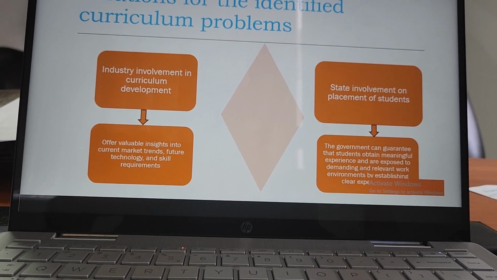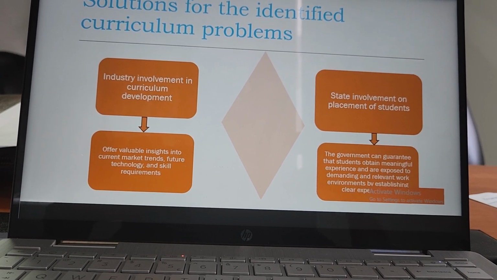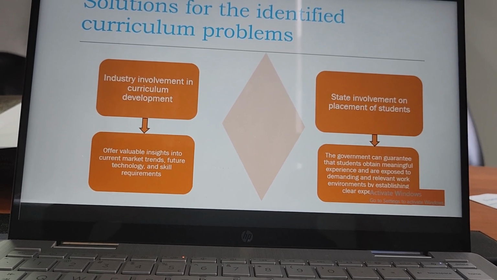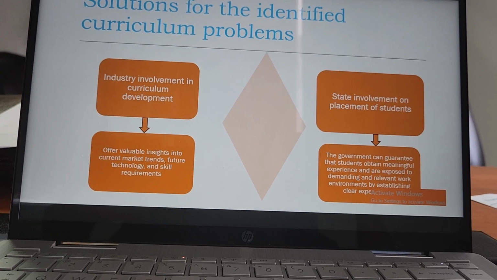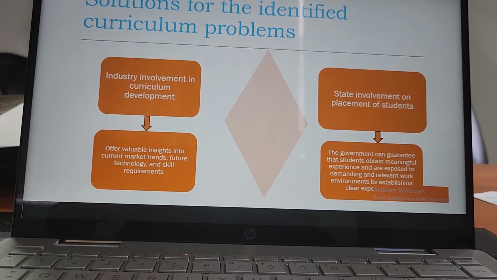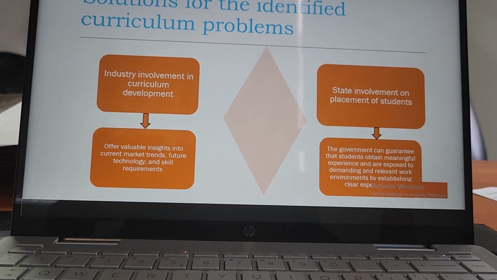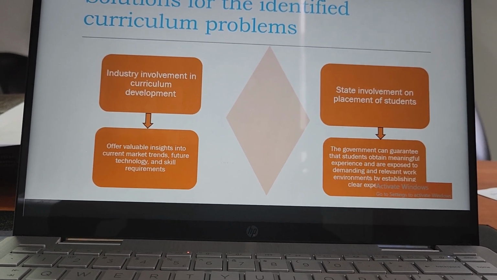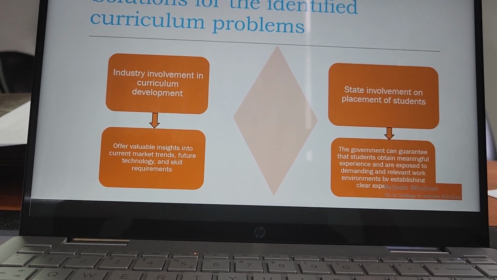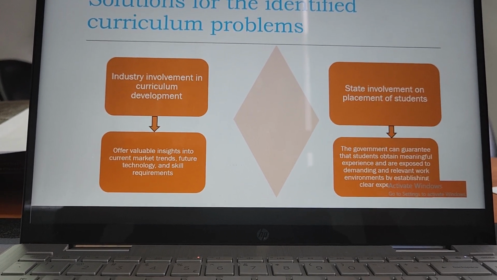And secondly, state involvement in placement of students. Again, this speaks to government working with TVET colleges, mandating its SOEs to be industries that will take placement of students from colleges. But then of course we are not saying other independent industries are not a focus. They of course are a focus, but if industries that are owned by government are easily accessible, we won't have the problems that we have.